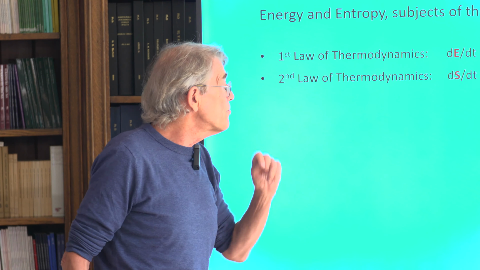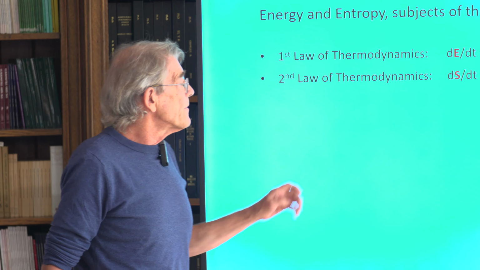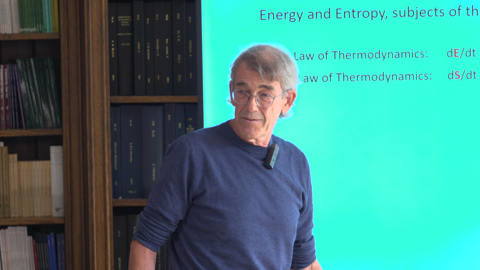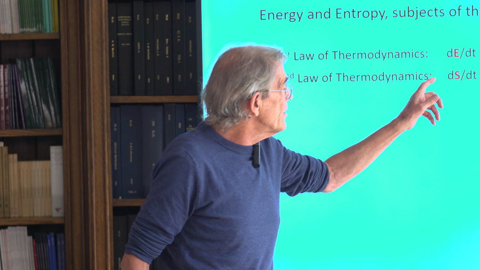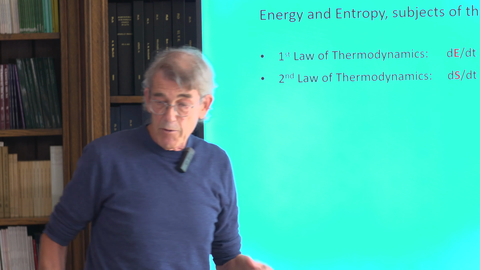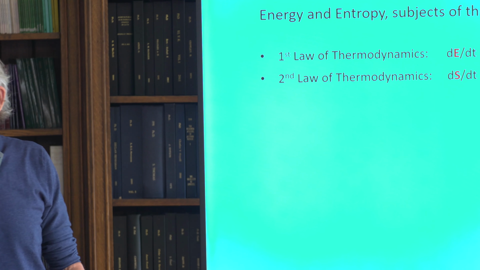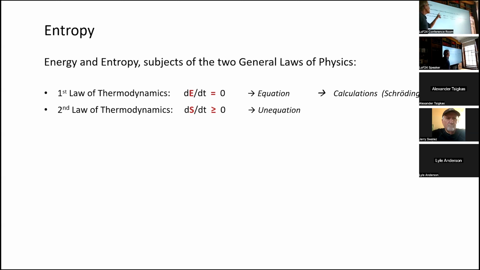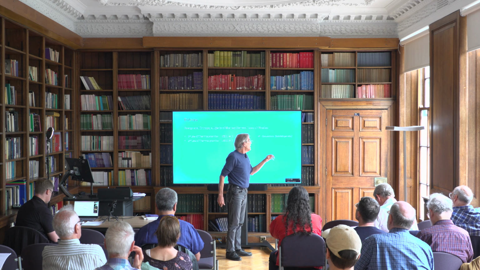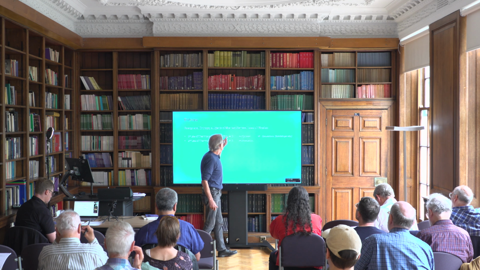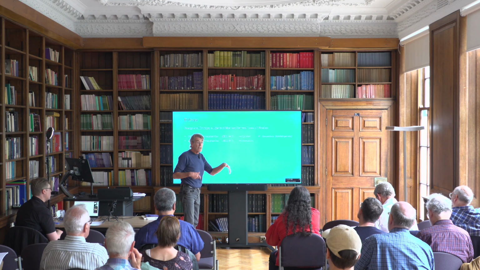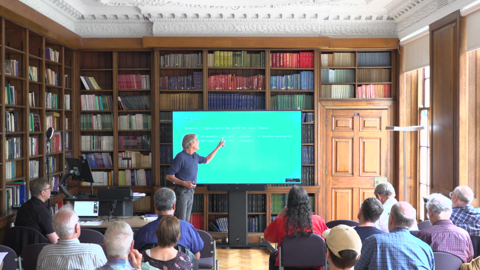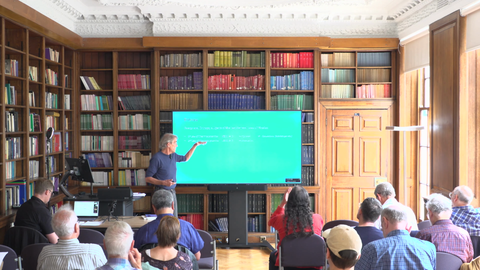But for the entropy, the second law says there can be a change. And most times it is a change. And the flow is always greater than zero. All the calculations in physics, like Newton's or Schrödinger's, are calculations with this equation. If you look at the Schrödinger equation, it is dE, it is just this one.